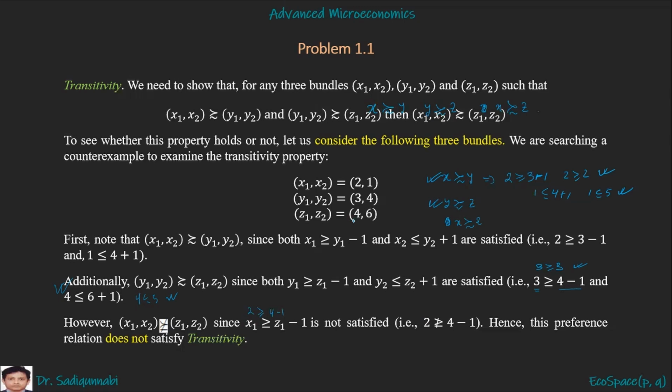So 2 should be greater than or equal to 3, which is not correct. So we can say that this is not the case, and this preference relation doesn't satisfy transitivity.